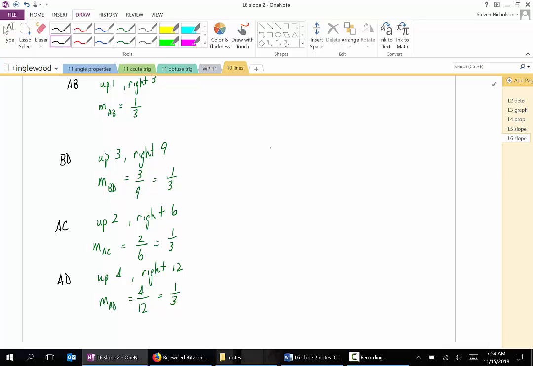So here's a question I asked the other day. What makes a line straight? And again, we said constant rate of change. We said a pattern. A pattern in the table, a pattern in the graph. Well, I hope you see a pattern in this graph. And the pattern is we have the same slope.